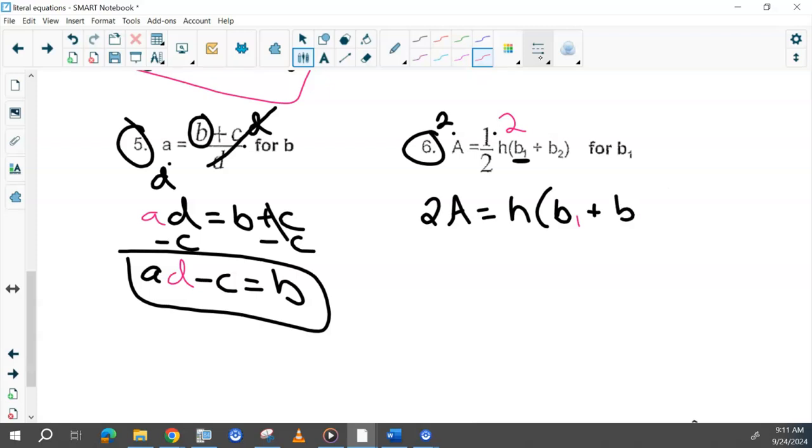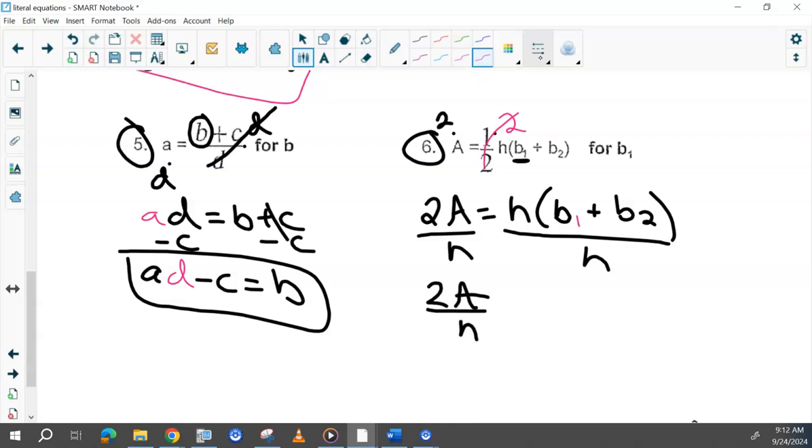And then this is still in parentheses because we haven't gotten rid of that h yet. Now to get rid of h, we could again distribute or divide, but in this case it would be easier to just divide. I'm going to divide both sides by h. That way the parentheses drop.